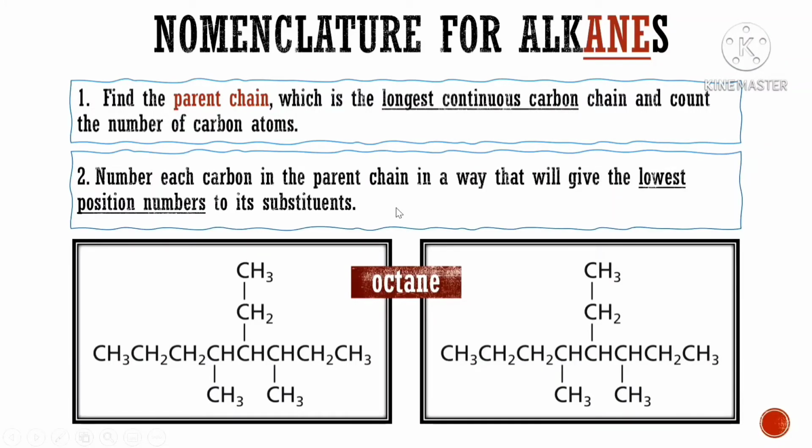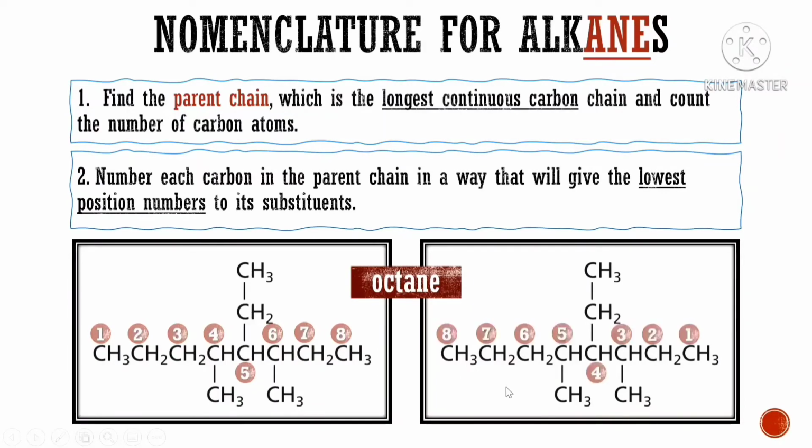Second, number each carbon in the parent chain in a way that will give the lowest position numbers to its substituents. So let us see if we should number the parent chain from the left or from the right. If we number from the left, 1, 2, 3, 4, 5, 6, 7, 8, the substituents would fall under carbon number 4, 5, and 6.